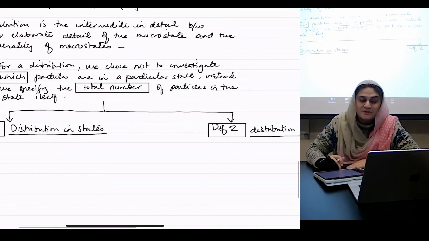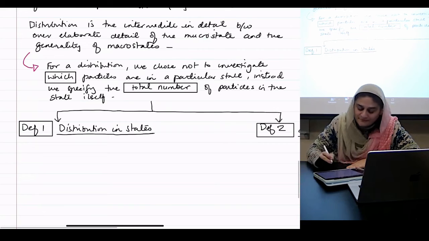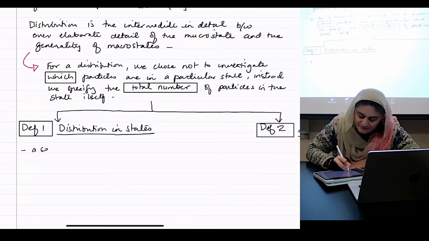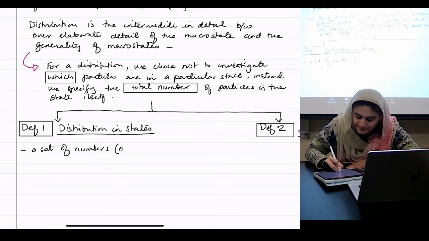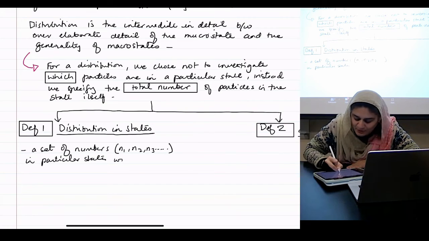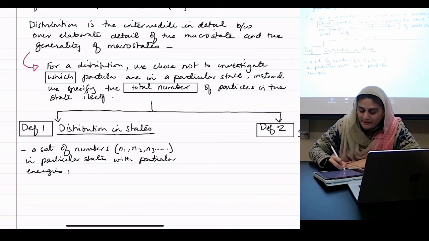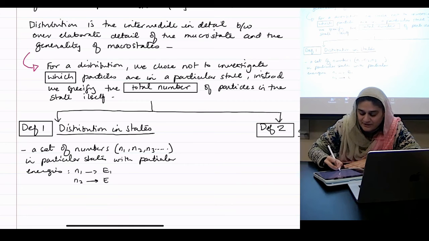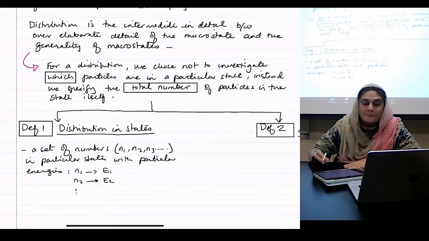So what is a distribution in states? A set of numbers N1, N2, N3, in particular states with particular energies, where N1 has energy E1, N2 has energy E2, and so on.